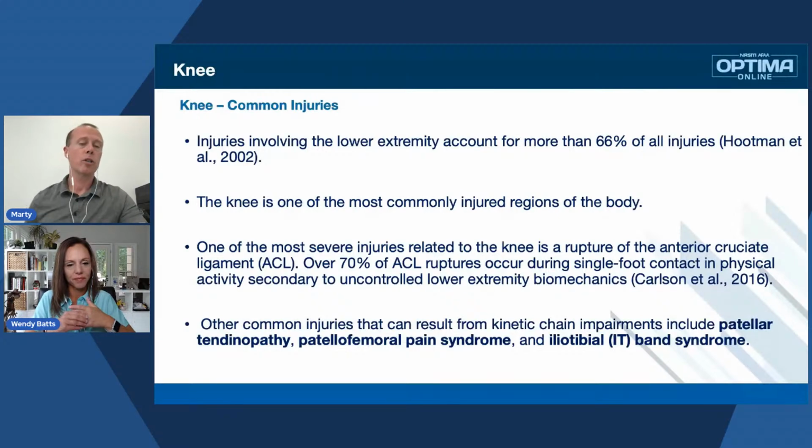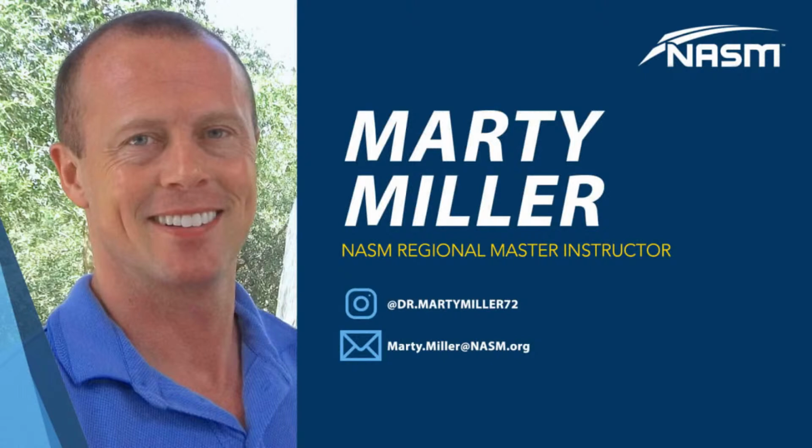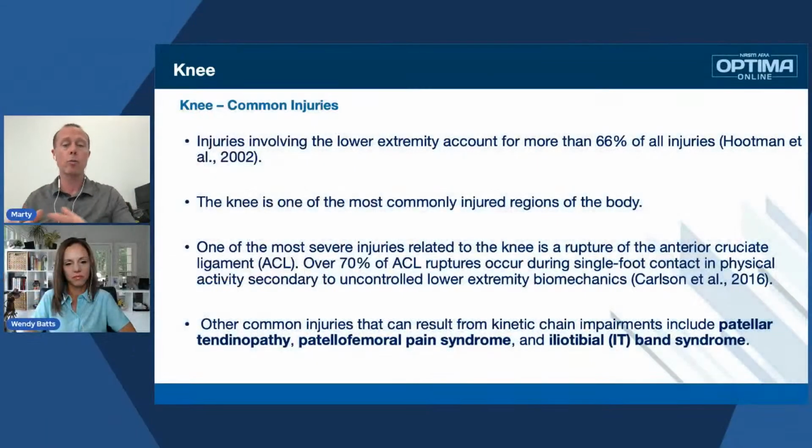Yeah. And just to be clear, we're talking about the research on injuries, and depending on your background, we're here to deal with healthy people. However, a lot of the healthy people that you're going to deal with had these issues in the past, and maybe they've resolved them, maybe not. And when I say maybe not, the biomechanical issues that caused it could still be there. They just may not be currently in pain because maybe they have stopped exercising, whatever the case may be. Myself and Wendy have the background to work in the medical space, so when we say that, just understand that we know the scope of practice that we're working within.